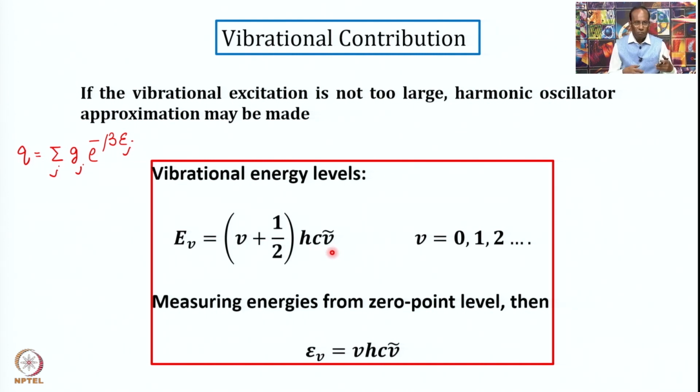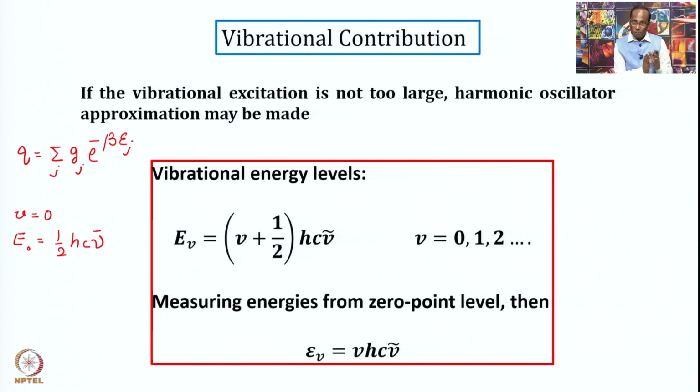Where does this come from? This comes from solving the Schrodinger equation. Let us see what happens when we put V is equal to 0. If I put the vibrational quantum number to be equal to 0, then I will get E0 is equal to half Hc nu bar. This is the zero point vibrational energy and this is not 0.